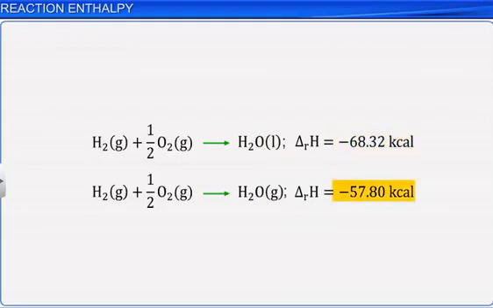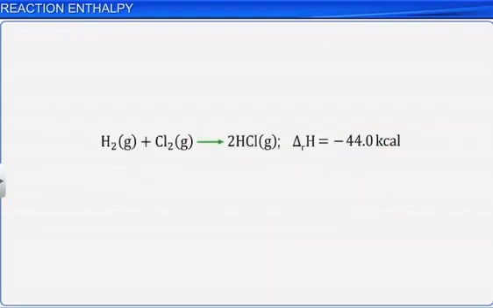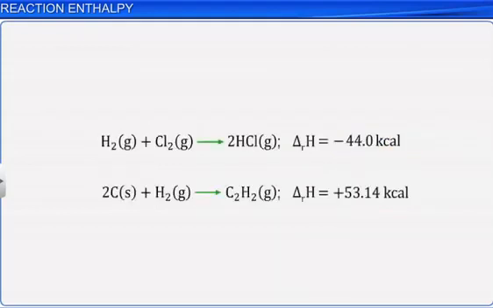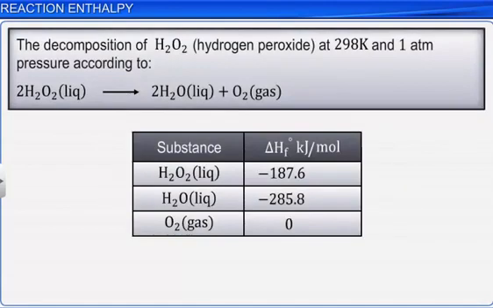To overcome this problem, the values of delta H for different reactions are expressed at their standard state conditions. The standard enthalpy of a reaction is the enthalpy change accompanying the reaction when all the reactants and products are taken in their standard states.